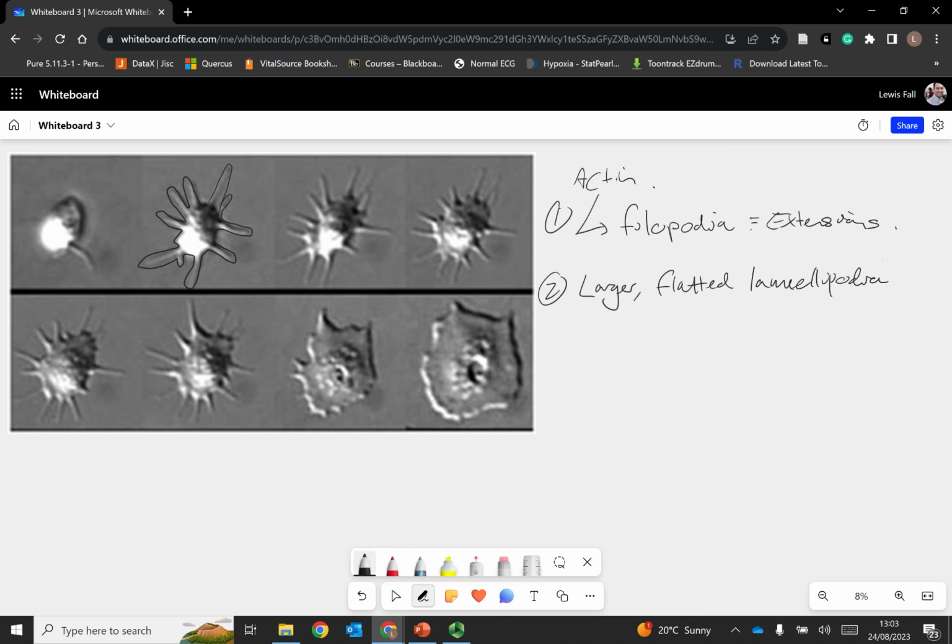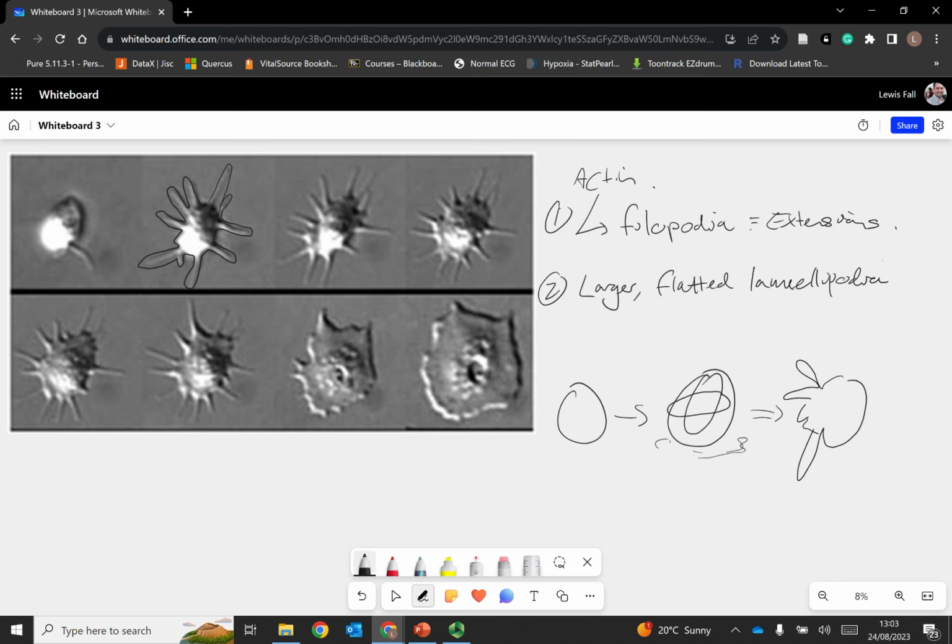So now we've gone from a disc to a sphere to projections out of that sphere, to filling in the gaps in between these projections.